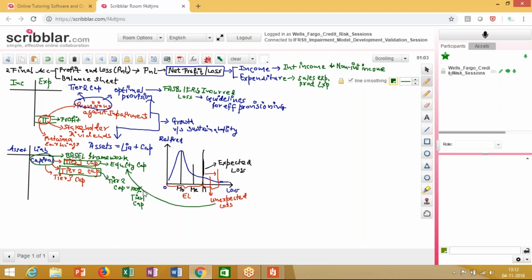And tier 3 capital is absolutely subordinate capital, which is not within the scope of our discussion. Basically, when we talk about Basel framework capital adequacy models, be it your Basel models, CCAR, or DFAST, they are concerned with this tier of capital.